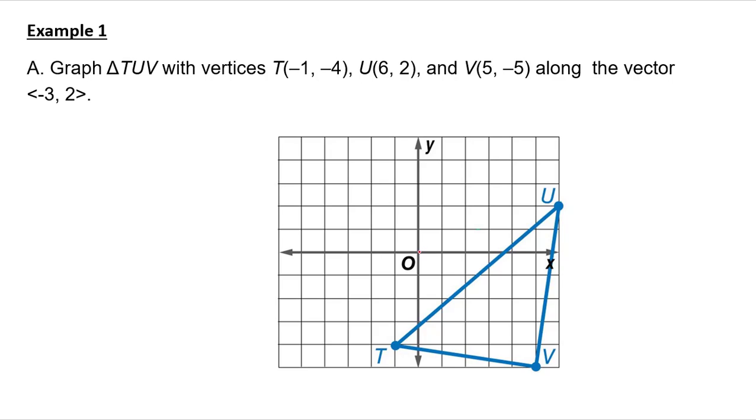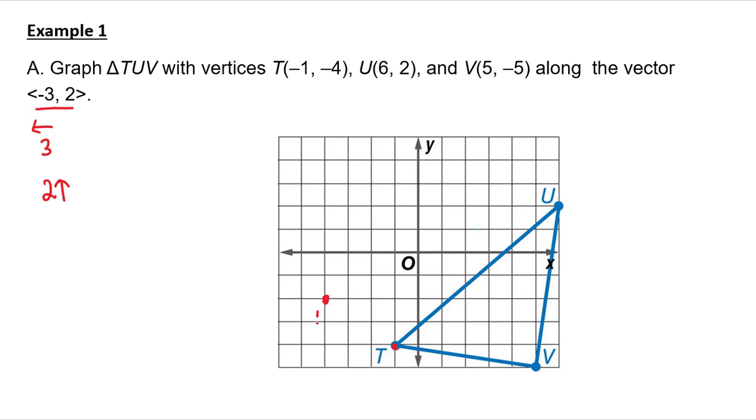So doing an example with this. I need -3, 2. So I'm going to shift every point 3 to the left since it's negative, and 2 up. So this point T, I'm going to shift 3 to the left, 1, 2, 3, and then up 2, 1, 2.